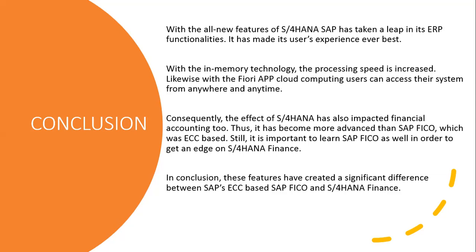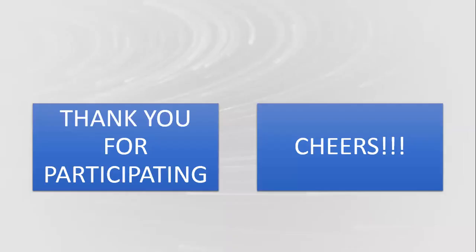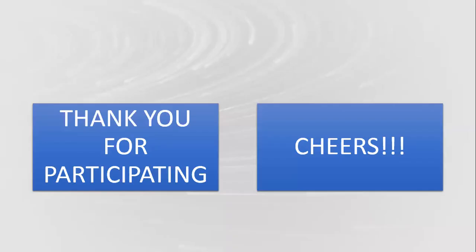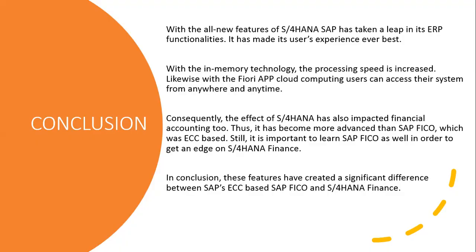It has become more advanced than the FICO, which is based on the ECC platform. Still, it's important to learn FICO in order to get an edge on the S4 HANA finance database. In conclusion, basically, these features have created a significant difference between ECC-based FICO and S4 HANA Finance.